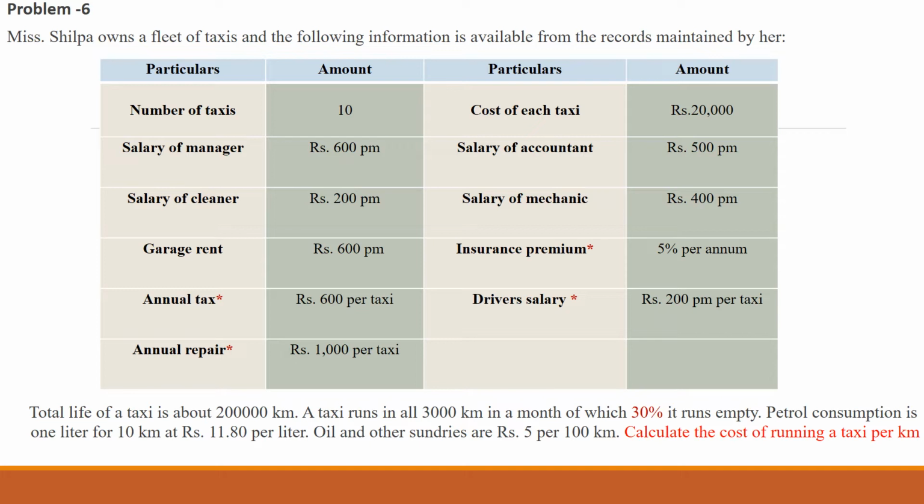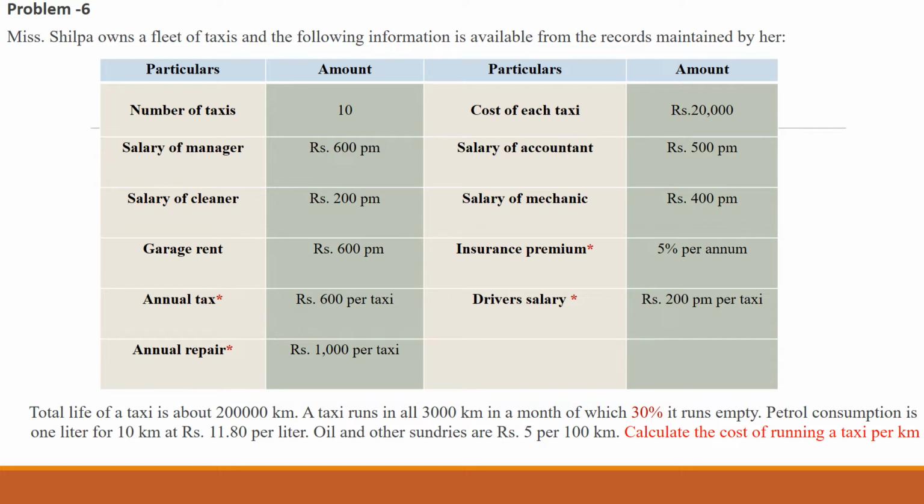Annual tax and annual repair are given on a yearly basis. So some information is given per month and some information is given per annum. So we need to observe this carefully, and while calculating the depreciation, the life of a taxi is given in kilometers, not in years.